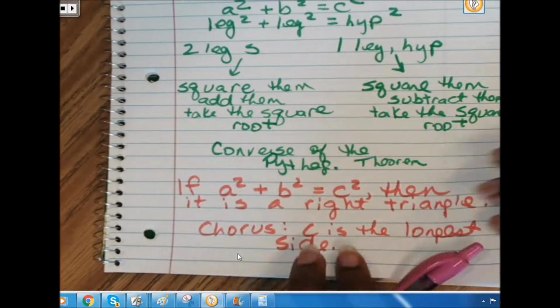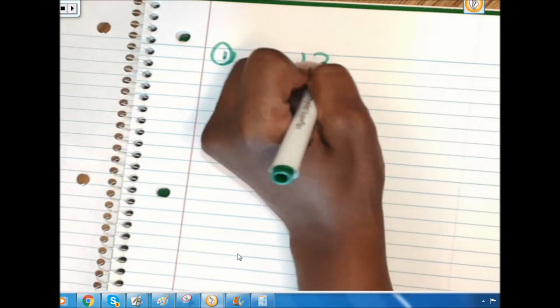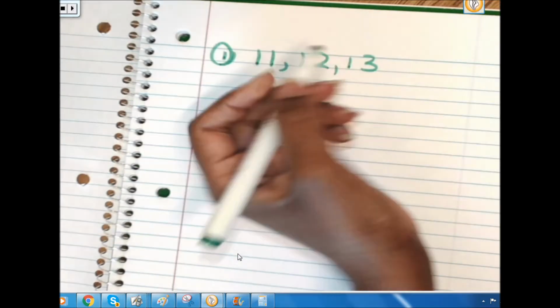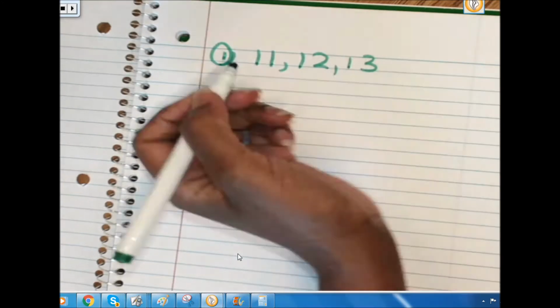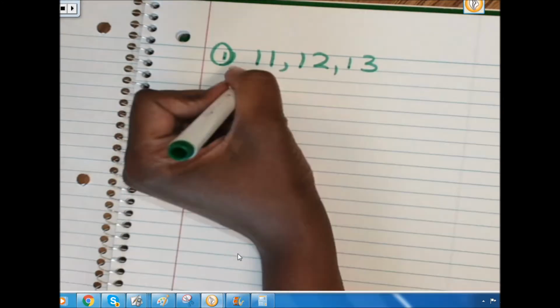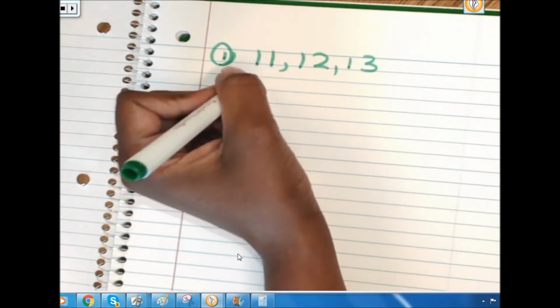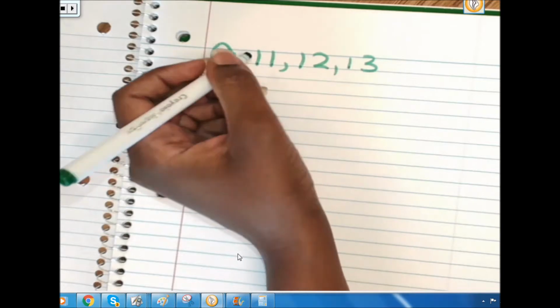What we're going to do is put this to work. So let's get started. We'll do one together. Let's go back to the sides that I had, 11, 12, and 13. Do they form a right triangle? In order to determine if they form a right triangle, we have to find a leg and a hypotenuse using the Pythagorean theorem.